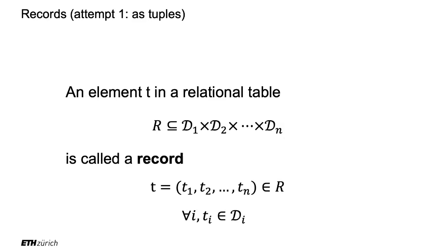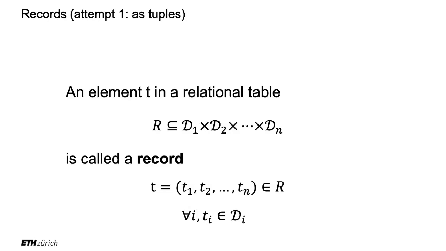Now, a record is just a tuple, right? So if I take now an element of my relation, it's a tuple, and it consists of elements that I call T1, T2, all the way to Tn. I'm using numbers because technically that's what we have. If you define a Cartesian product in mathematics, you are indexing the elements of your tuples with positive integers: 1, 2, 3, and so on. So this is why when you have a tuple T, you call the elements in the tuple T1, T2, all the way to Tn.